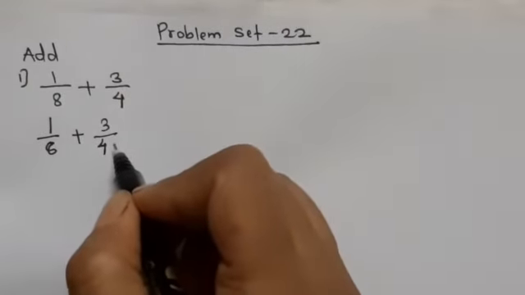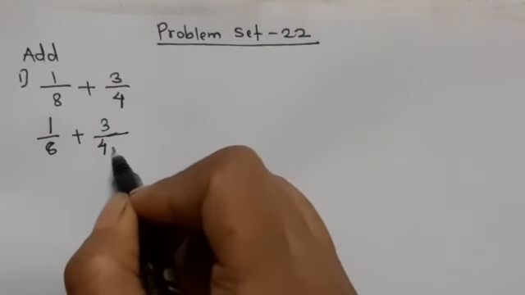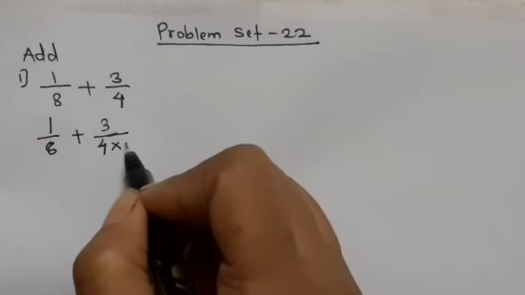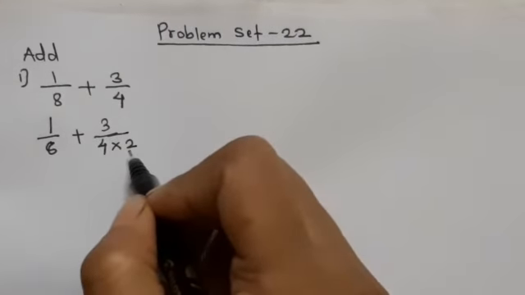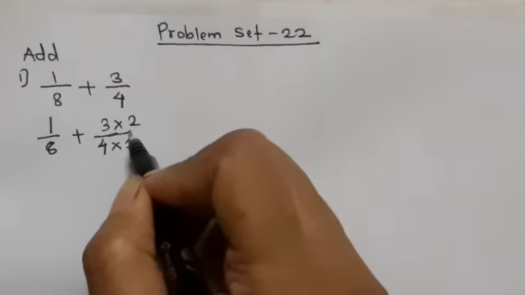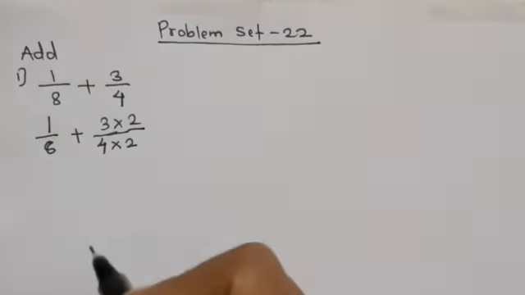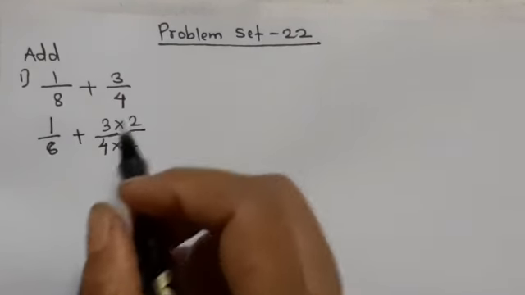And how can we convert 4 into 8? If we multiply 4 by 2, we get 8. And when we multiply any number to the denominator, we have to multiply to the numerator also to convert the fraction into an equivalent fraction.